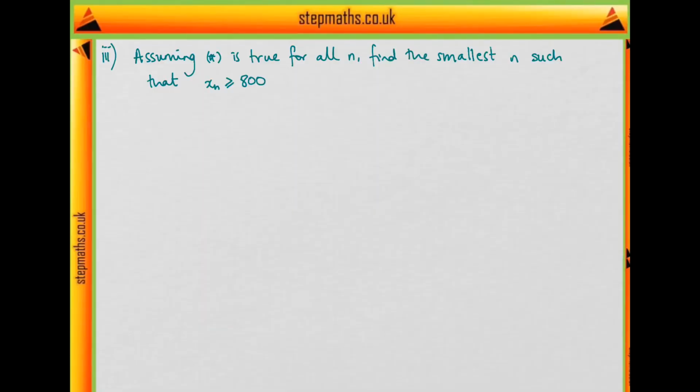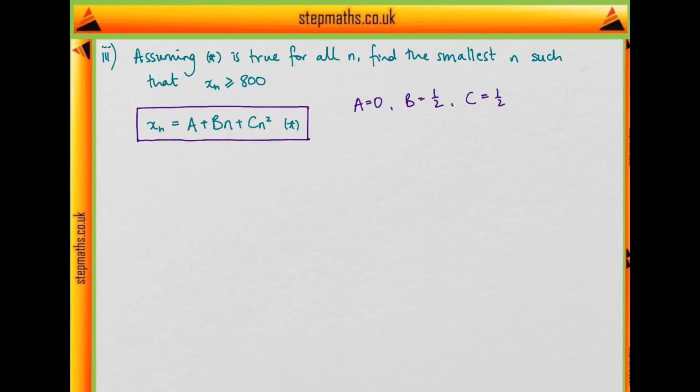Okay, now for part 3, we've got to assume that the equation star from part 2 is true for all n, and then use that to find the smallest n such that xn is greater than or equal to 800. This was equation star from part 2, and remember we also said a is equal to 0, and b and c were both equal to a half. If we rewrite star using this, we see that xn is equal to a half n plus a half n squared.